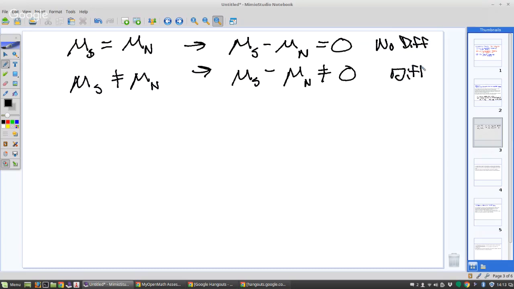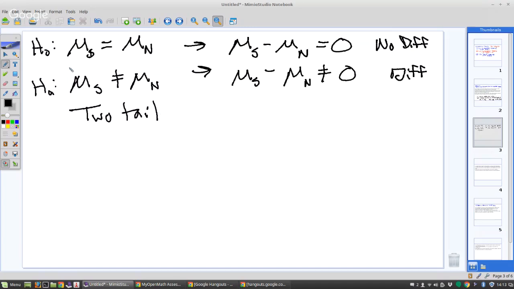So which one's the null and which one's the alternative? Well, the null has to have an equals in it. Well, there's an equal, so that must be H0, null hypothesis, and this must be the alternative hypothesis. And the claim you're given isn't necessarily the null, and it isn't necessarily the alternative, it just depends which one has equals in it. So that's the hypothesis test we're going to run. That means it's a two-tailed test.